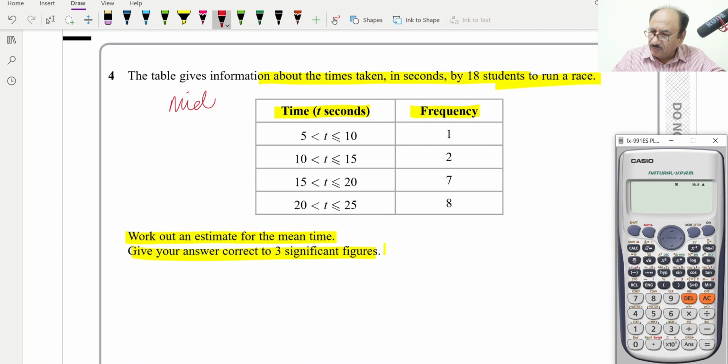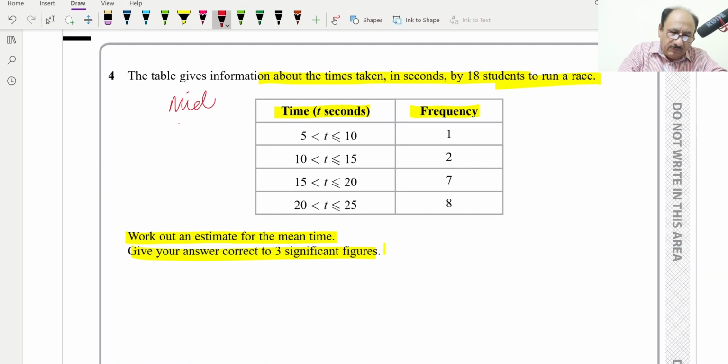For example, for this one I will calculate 5 plus 10, divided by 2, which is equal to 7.5. So the midpoint of this one will be 7.5. Similarly, the midpoint of this will be 12.5, this will be 17.5, and this one will be 22.5. After finding these midpoints, we can find f times x.